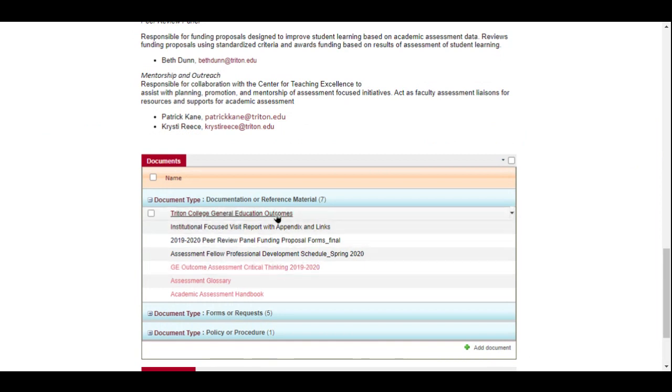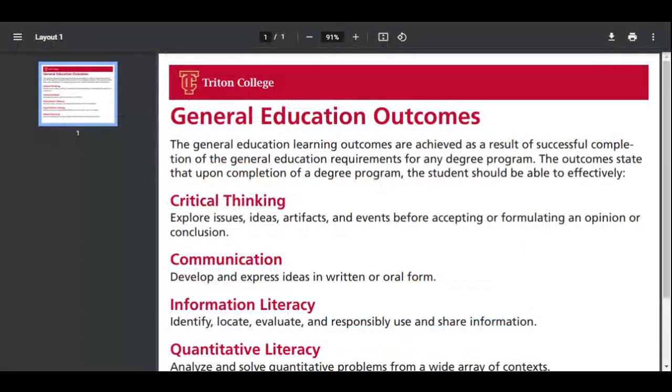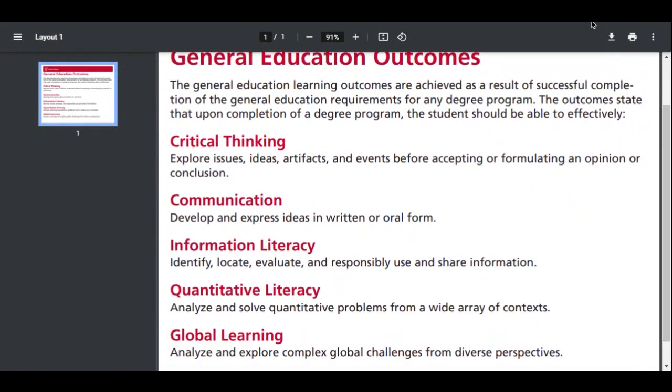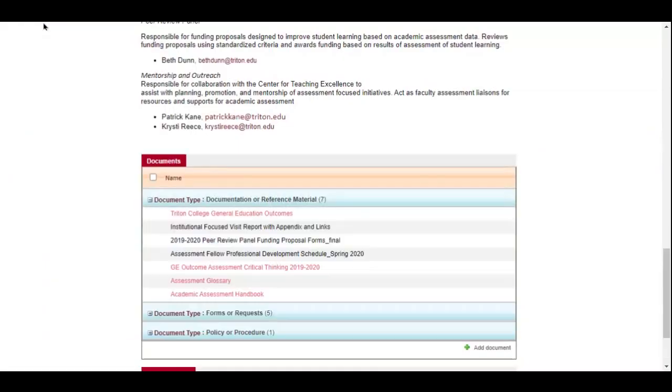Also, if you want to just see what our general education outcomes are, they're listed here. This is verbatim what I had on my slide, but these are our overarching outcomes for every student that comes through the college. As for other things on this page, there's the glossary, because our terminology is extremely important across campus.